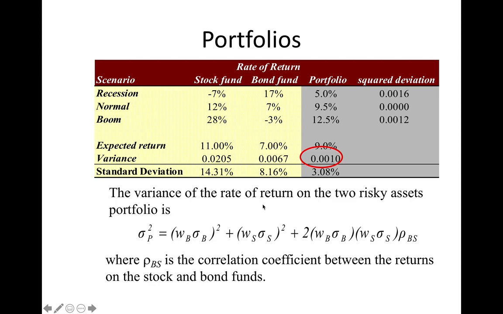Now when it comes to the variance for the two risky assets, that's the stock fund and the bond fund that make up our portfolio, the variance for the portfolio is captured with this formula where we have the weight and the variation of the individual securities squared, and then we have this function of 2 into the weight of the individual security and the variation, and then you can see that this is a complete product to the end, and this here is the correlation coefficient which we computed between the two returns on the stock fund and the bond fund.